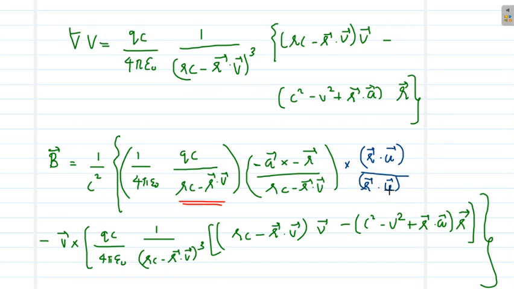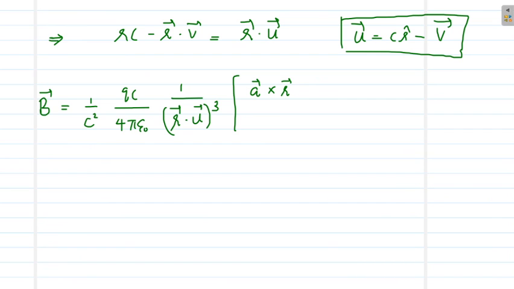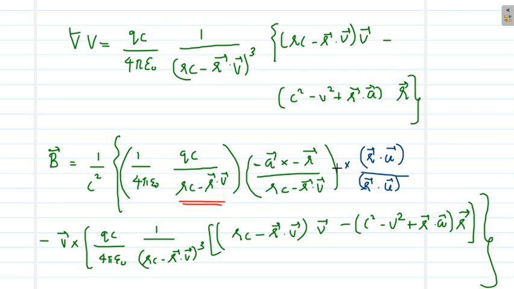Then only we will be able to take (r bar dot u bar) the whole cube as common. So in the numerator, after taking that common, we will have one additional term, which is r bar dot u bar. So the first term after taking this common will be like this: qc by 4 pi epsilon 0 into (r bar dot u bar) the whole cube is common.